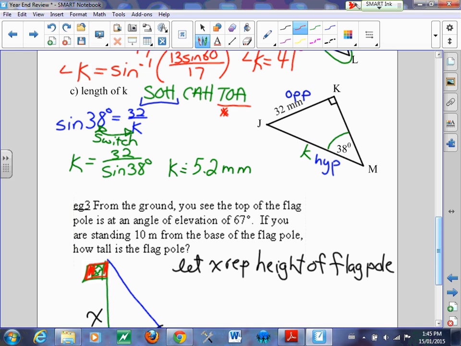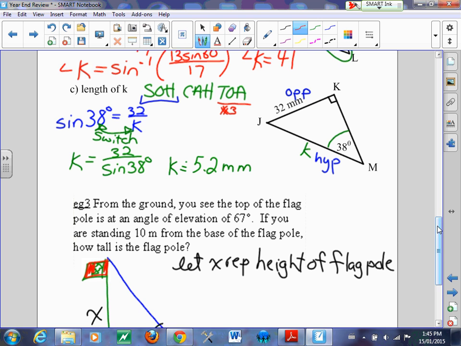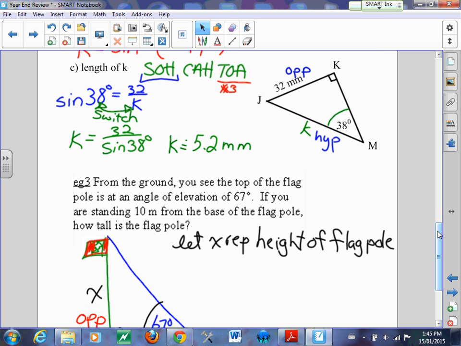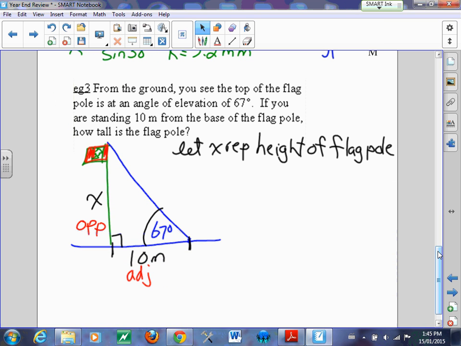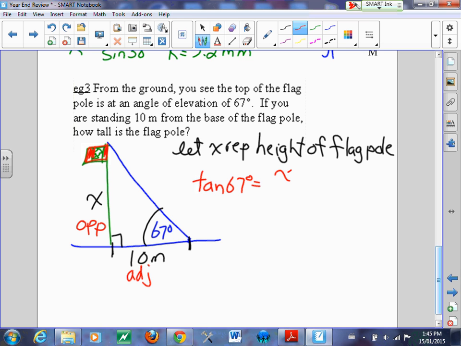I'll put down here number 3 to not confuse people, and I'll put that number 2. All right, so if we know we've got tan, we're going to go tan of 67 degrees equals the opposite side, which is X, over the adjacent side, which is 10. X is on top, so you simply cross multiply, ladies and gentlemen.